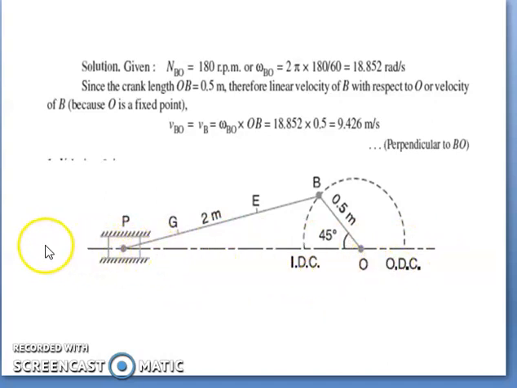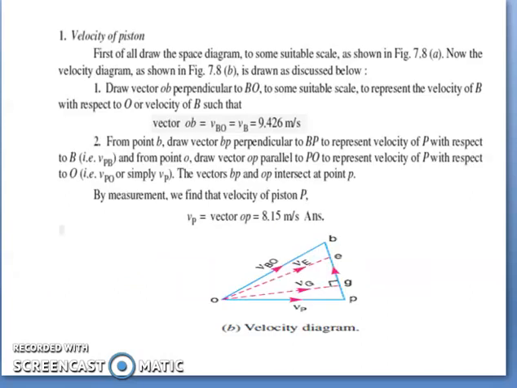The velocity of BO will be perpendicular to the crank. Since the crank makes an angle of 45 degrees, its perpendicular will also make an angle of 45 degrees.